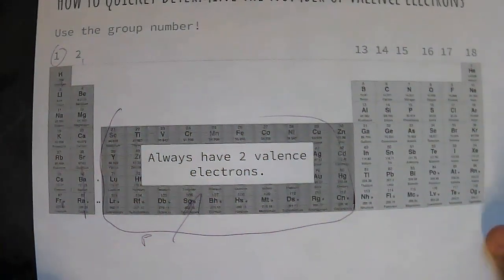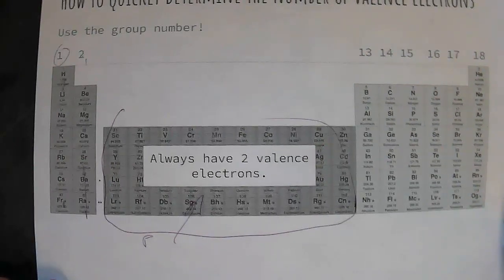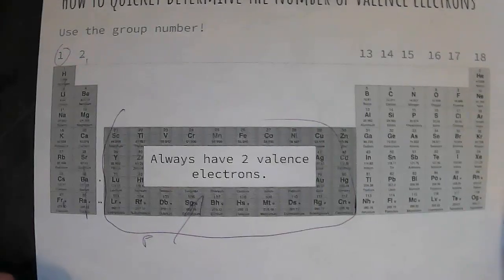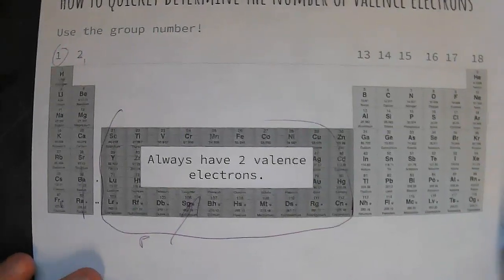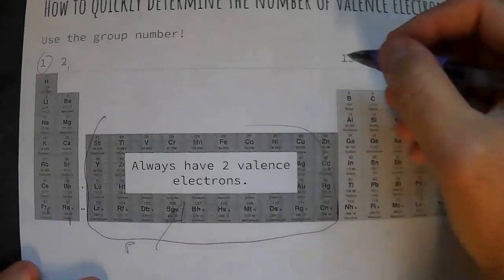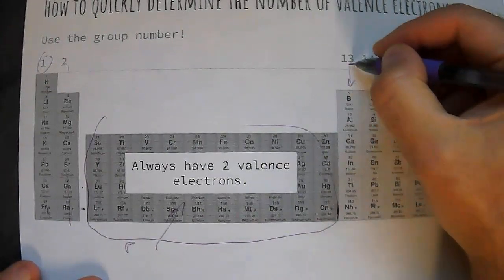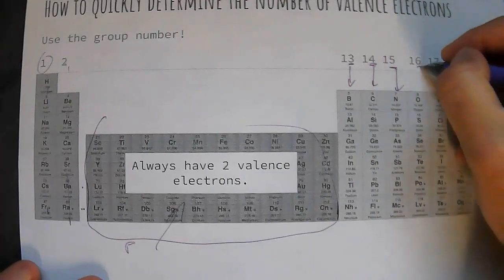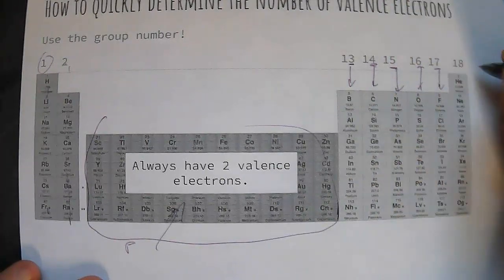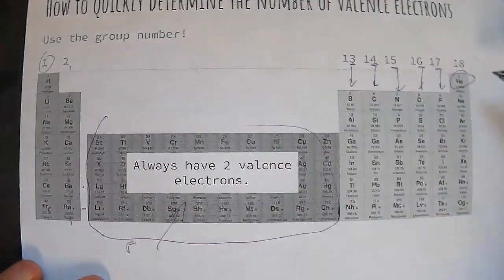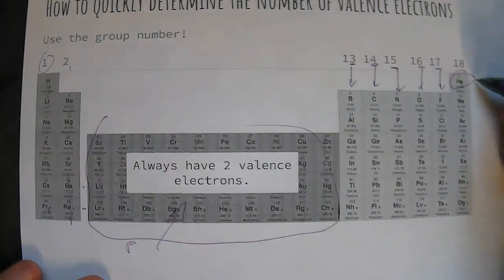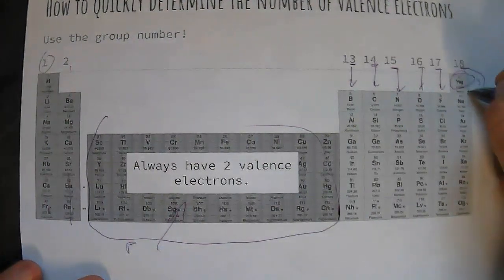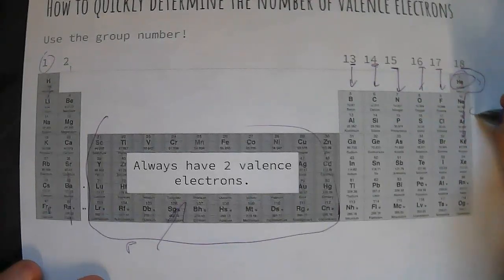Later on in other chemistry courses, that may change, but we're just going to stick to 2 for now. Then here we have 3 valence electrons and 4 valence electrons and 5 valence electrons, 6, 7, and with the exception of helium, because this first row only has space for 2 electrons, everything down below here has 8.